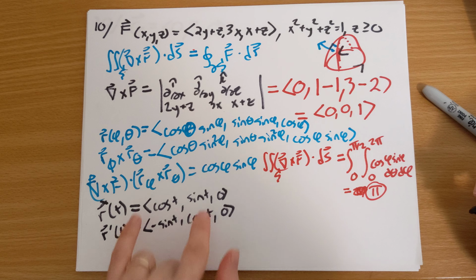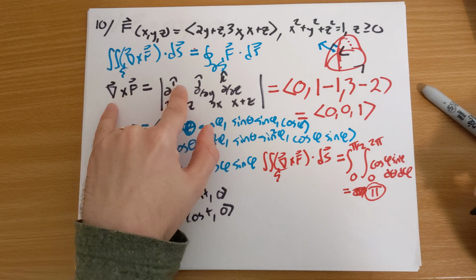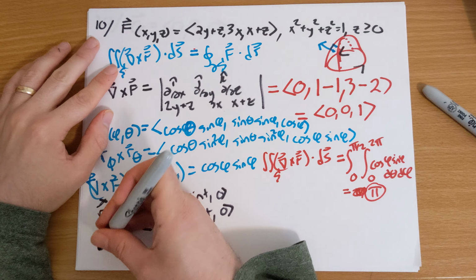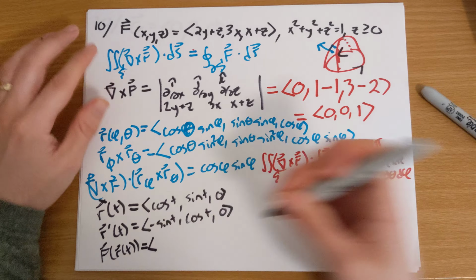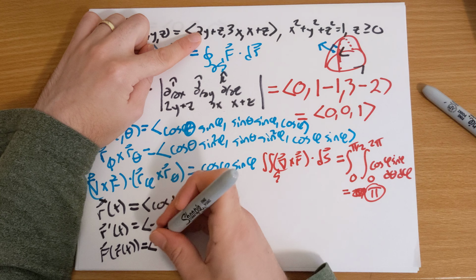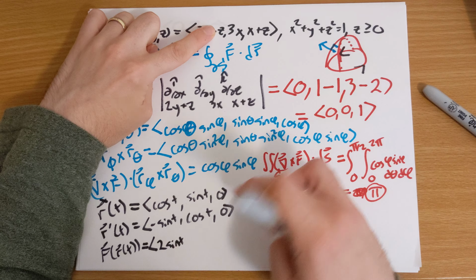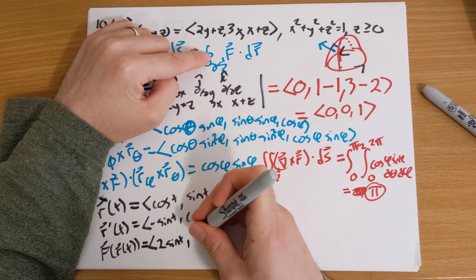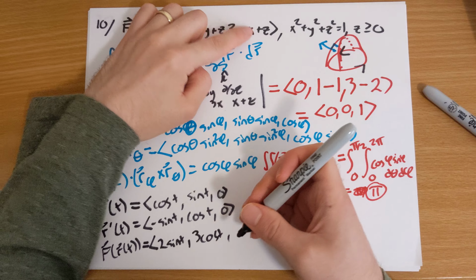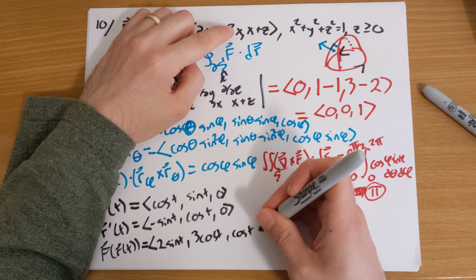Now we have to substitute r of t, not into the curl, but into our original vector field. F of r of t is 2 times y, 2 times sine t, plus z is 0, 3 times cosine t, and then cosine t plus 0.